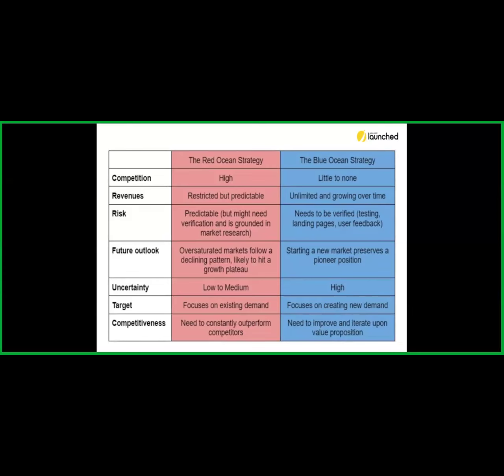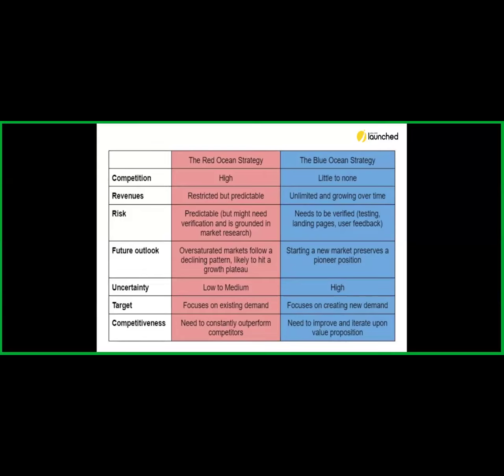If they are not increasing their price and you are increasing yours, your sale will come down and their sale will go up. That happens under the red ocean strategy.